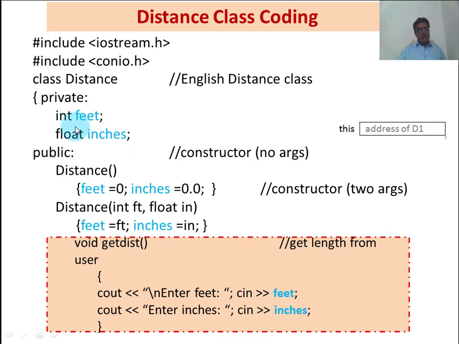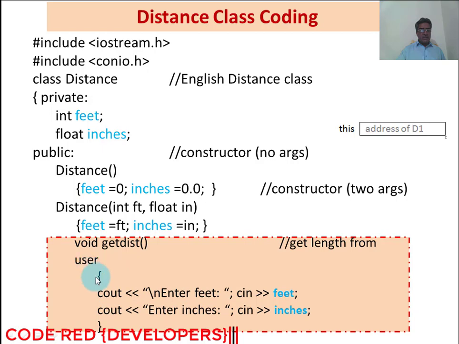Whenever we refer to this class data without any prefix object notation, the function will consult this pointer, and this pointer will approach the address of d1. At that location the values of feet and inches will be stored, which we get from the user.